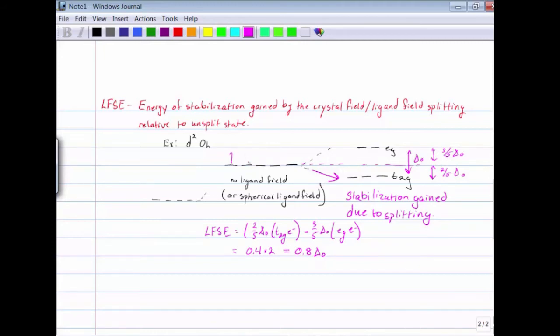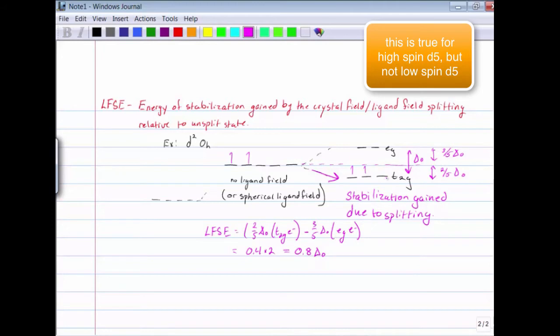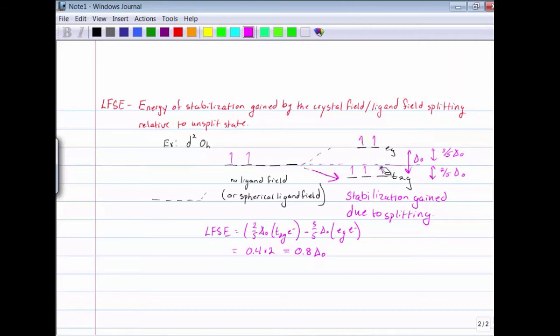If you have any electrons, like a D1 or a D2, D3, D4, anything, you still have more electrons in the lower energy orbitals than in the higher energy orbitals, and so usually you end up with some ligand field stabilization energy. The only case where you don't is when this shell is half full, and then you would have none because you'd have 3 down here and 2 up here, and that actually adds up to 0. And if you have 10, you have the same case.